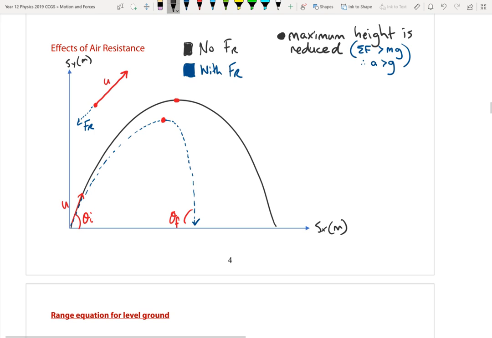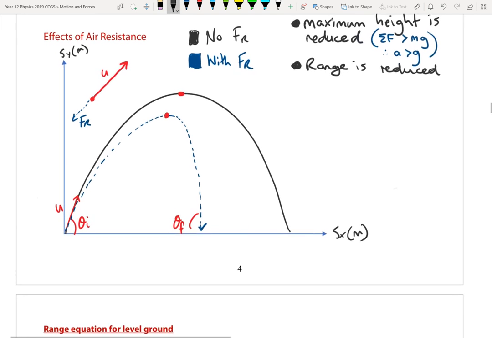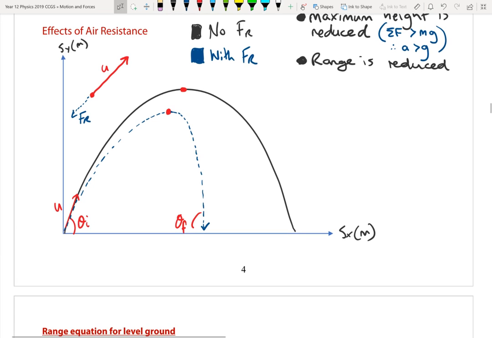Next, the range is reduced. For pretty much the same reason that if our velocity has an x component, then so too will the component of air resistance. It has a backwards component. So now you can say that the sum of all forces in the x is no longer equal to 0.